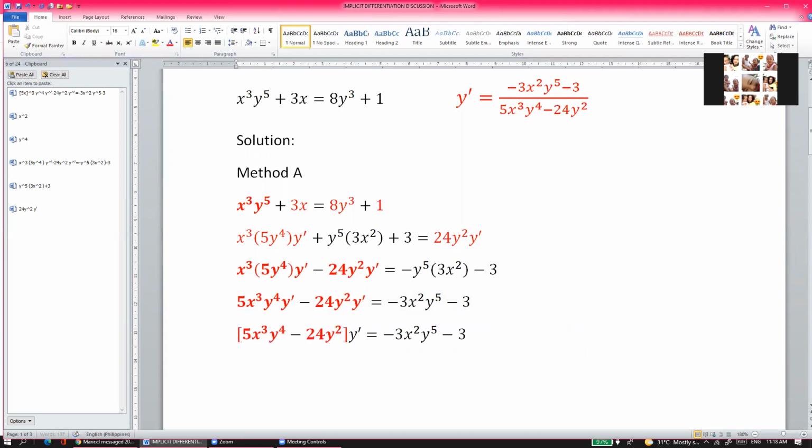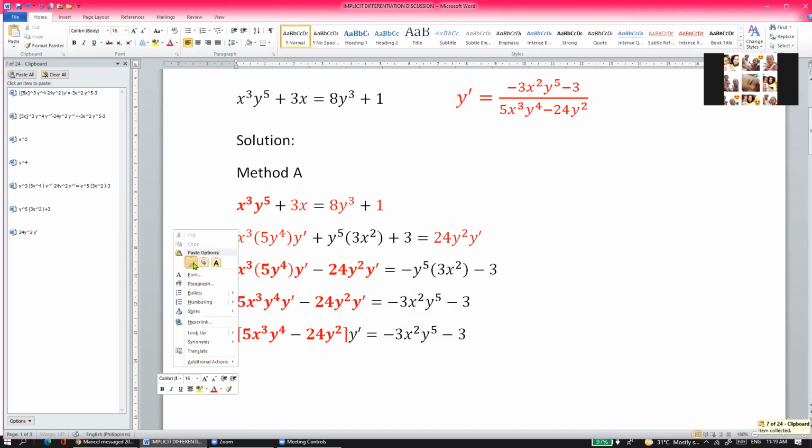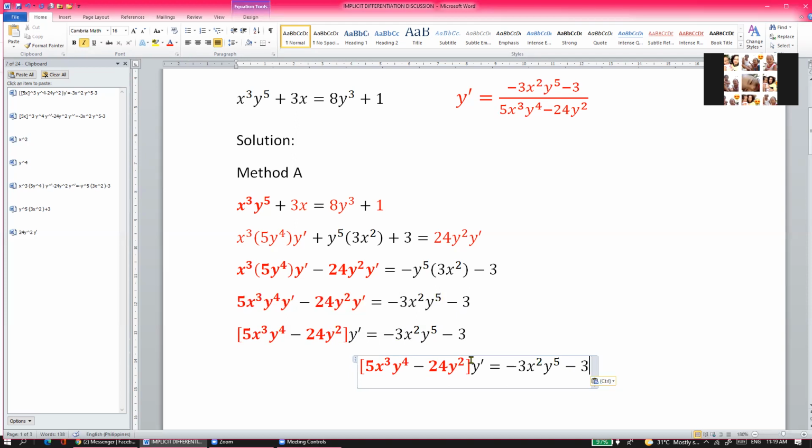Okay? Nakasunod ba kayo sa step na yan? Did you follow that step? Yes, sir. Okay. So copy-paste ko lang siya uli. Ganyan lang ang pagko-compute. Kaya lang, you have to be very careful at every step. Okay, ang gagawin ko ngayon, i-cut ko to. Since i-divide ko yung buong equation ng 5x cubed y to the 4 minus 24y squared, ibig sabihin sa left, mawawala na to.